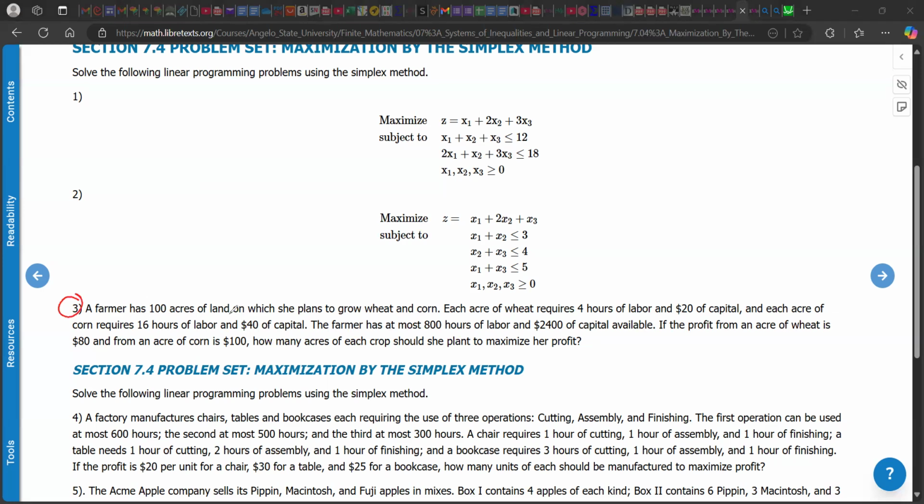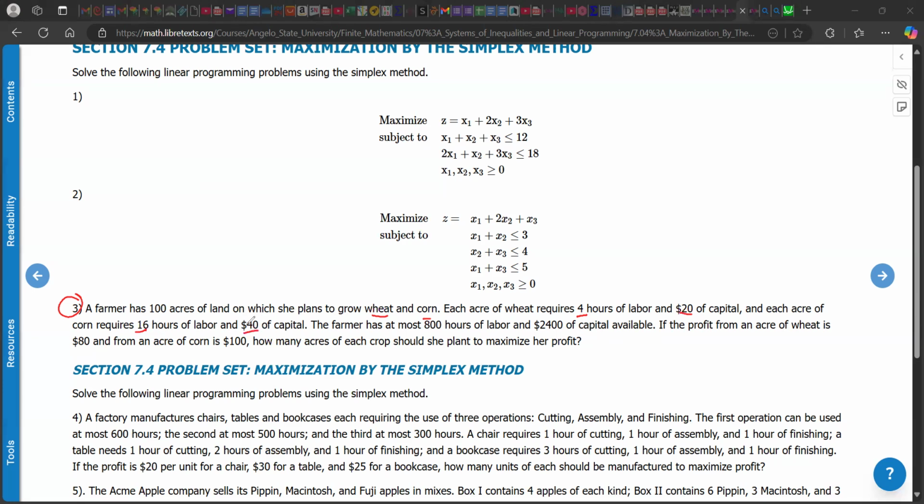So it's talking about a farmer having 100 acres of land to plant wheat and corn, and some details about some constraints. Wheat requires 4 hours of labor, $20 of capital. Corn requires 16 hours of labor. That's labor intensive.